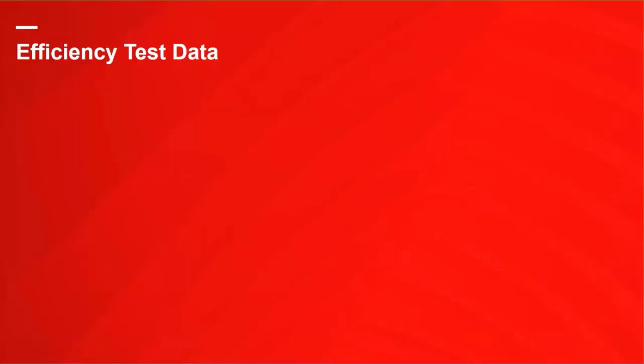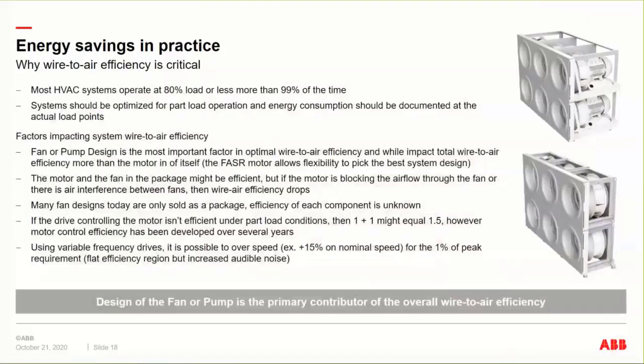So let's show some of the efficiency test data, and the key takeaway here too is, when I show the efficiency data, most HVAC systems never operate at full load and full speed. And that's because they're designed for the maximum operating and the peak load demand.